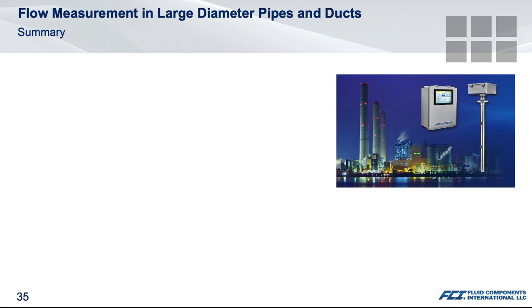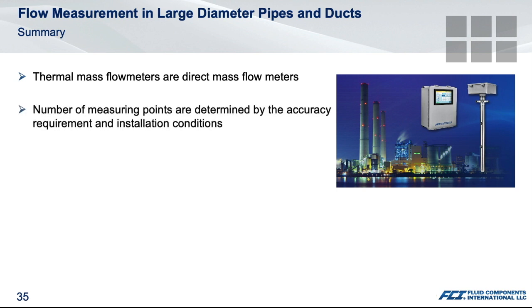As there has been plenty of information in this webinar, we would like to conclude with a small summary to indicate the key points which we have discussed. Thermal mass flow meters are direct mass flow meters, not requiring any pressure, temperature or standard density corrections. The number of measuring points is not a fixed value and is determined by the accuracy requirement and installation conditions.